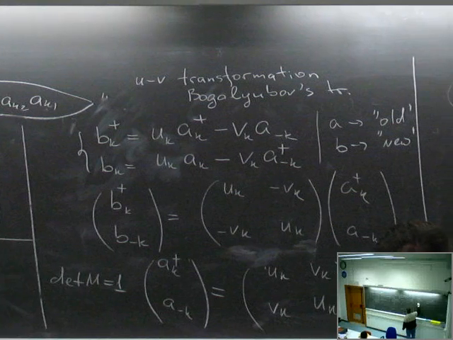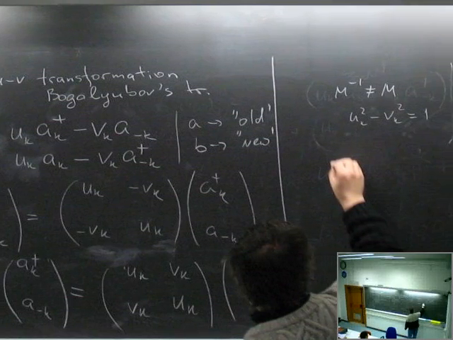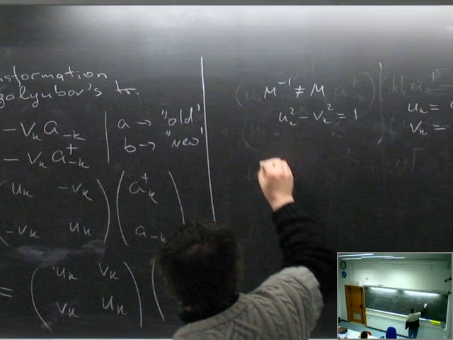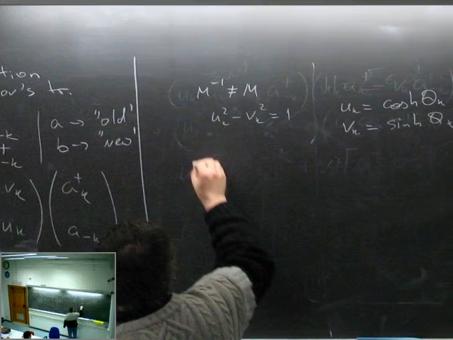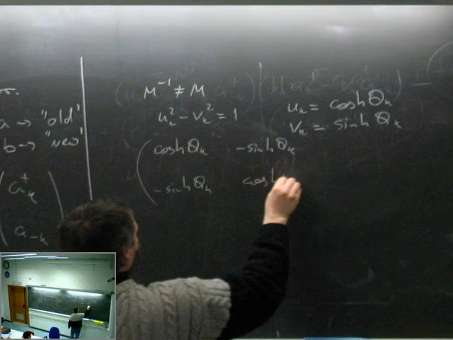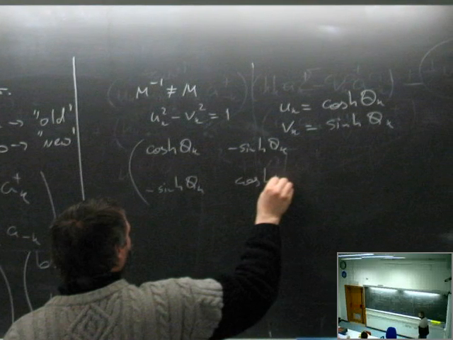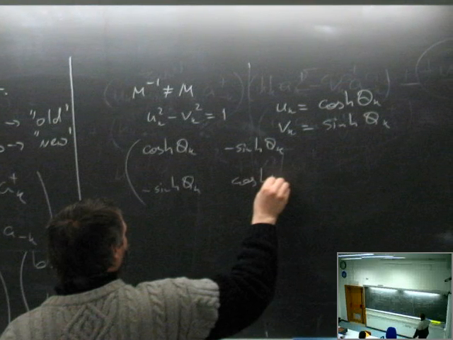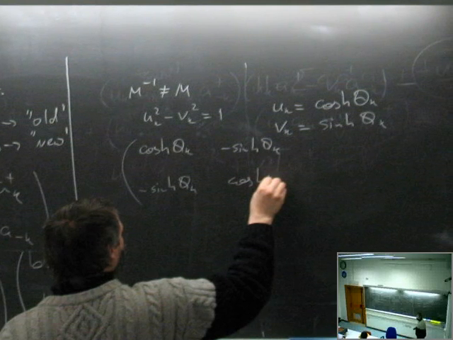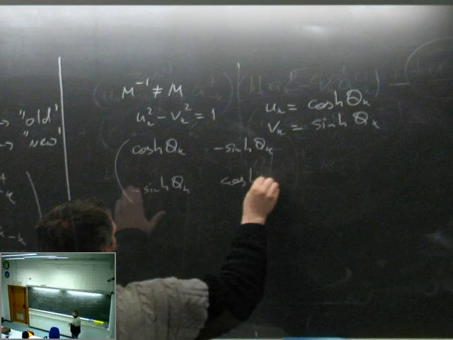So my matrix of transformation is cosh theta_k, minus sinh theta_k, minus sinh theta_k, cosh theta_k, and this is M. So you see, would it be trigonometric cosine and sine, then my matrix would just be a rotation.